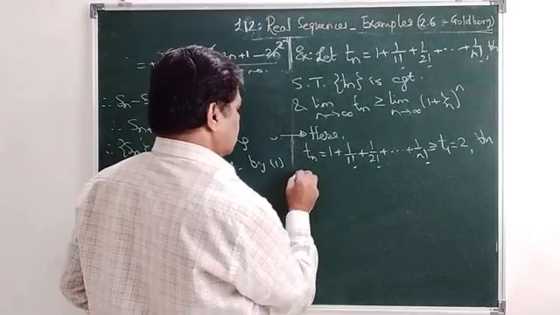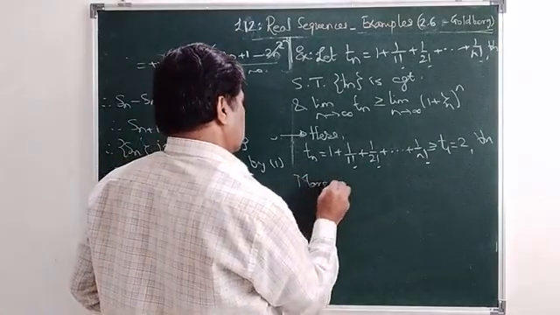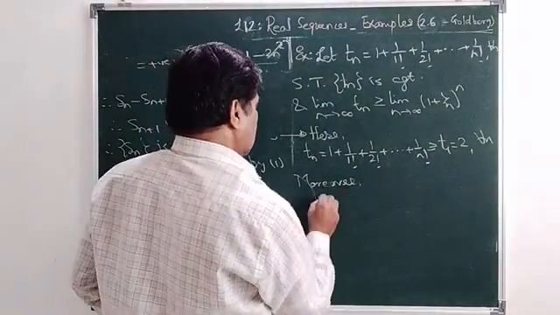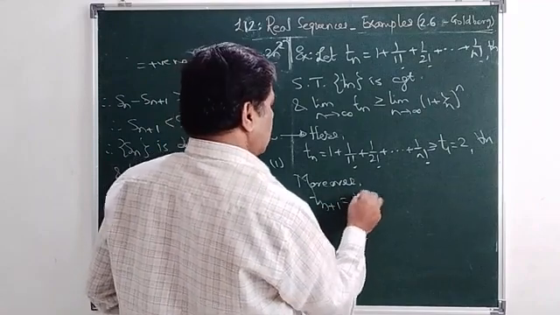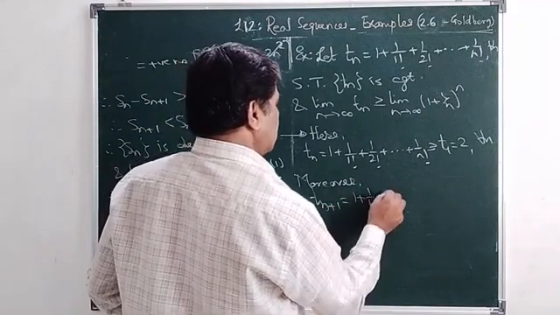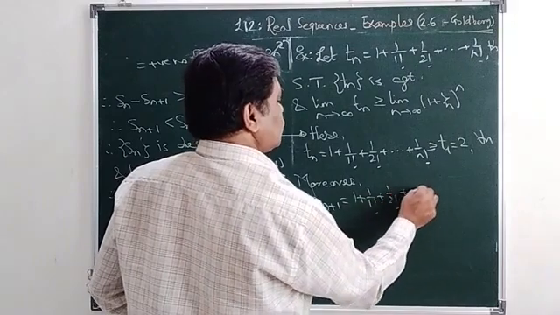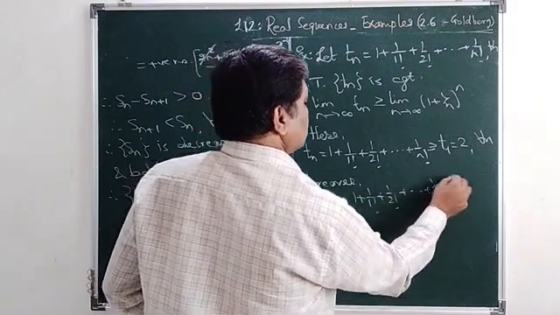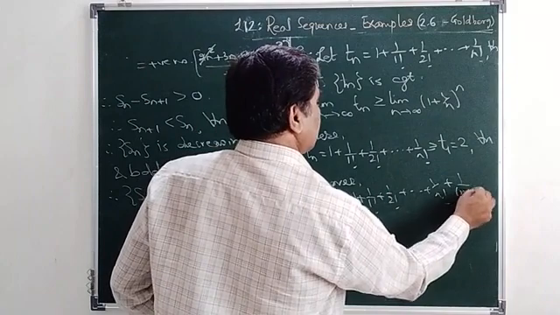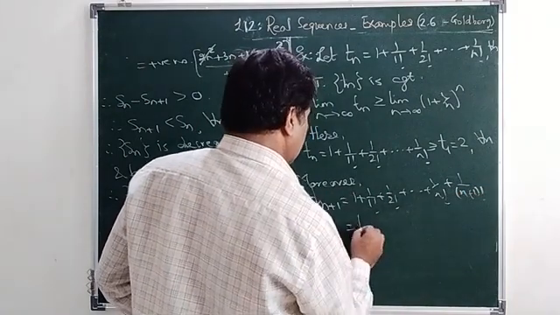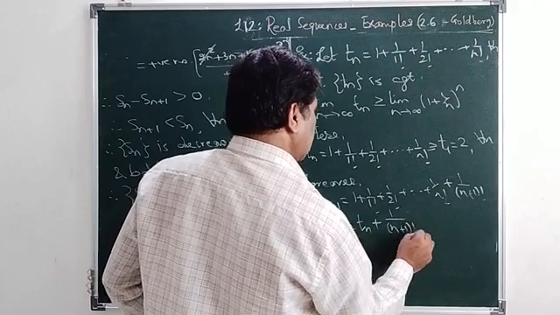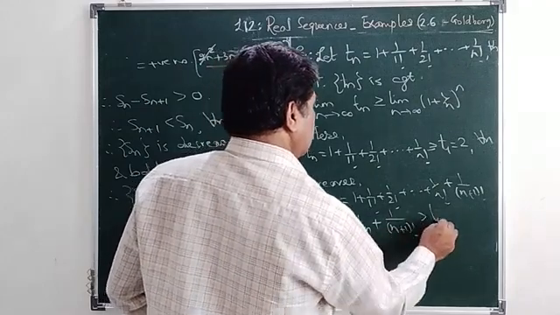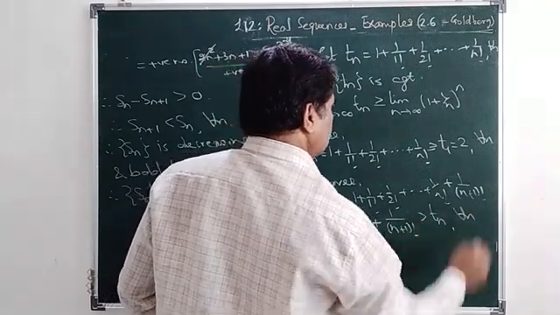Moreover, Tn plus 1 is equal to, what will we get? 1 plus 1 upon 1 factorial plus 1 upon 2 factorial plus so on up to 1 upon n factorial plus 1 upon n plus 1 factorial, which is nothing but Tn plus 1 upon n plus 1 factorial, and this must be greater than Tn for all n.